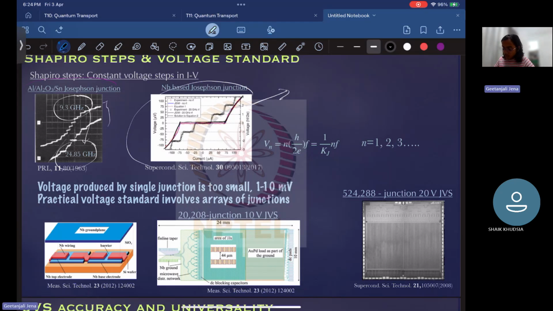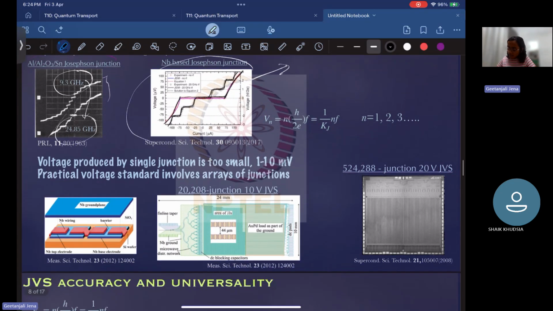But the moment we turn on the voltage, then we'll see the Shapiro steps. Okay, and to get this, we need Vn is nf by Kf.